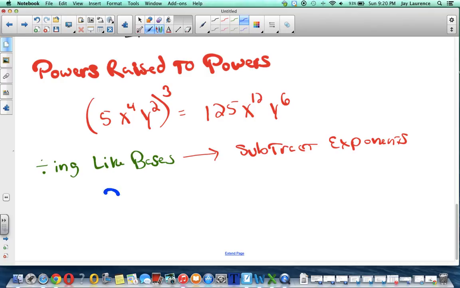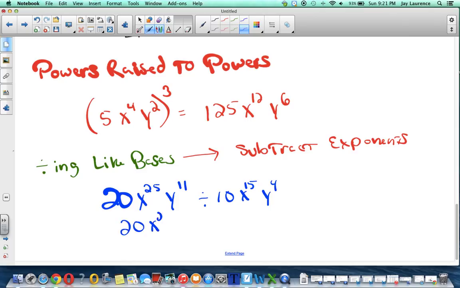So if I have 20 x to the 25th, y to the 11th, and I'm going to divide it by 10 x to the 15th, y to the 4th. Well, I like to rewrite it as a fraction. Okay, but I'm not going to go through the whole process here. I'll rewrite it. x to the 15th, y to the 4th.